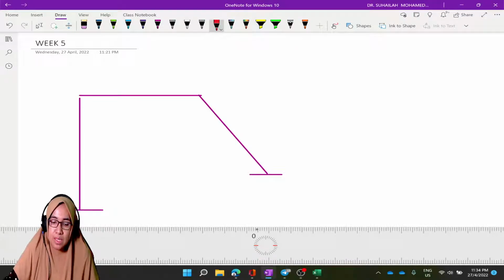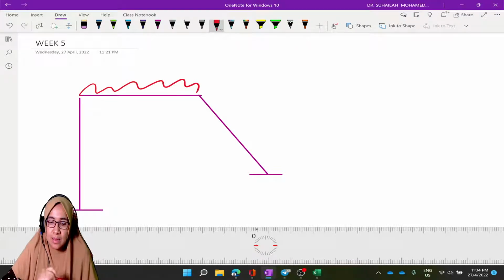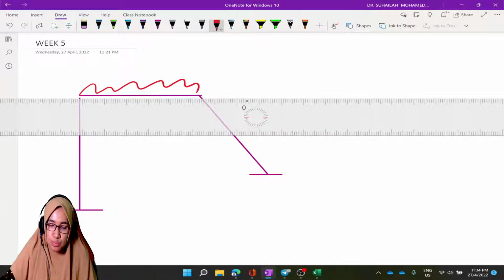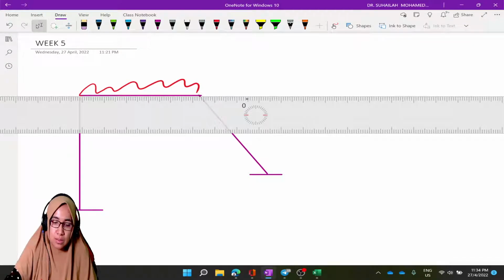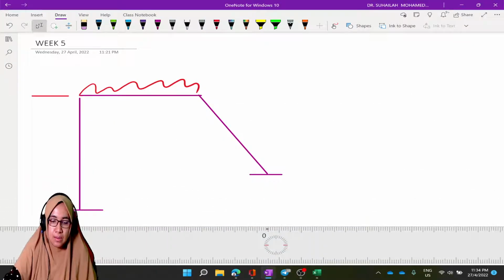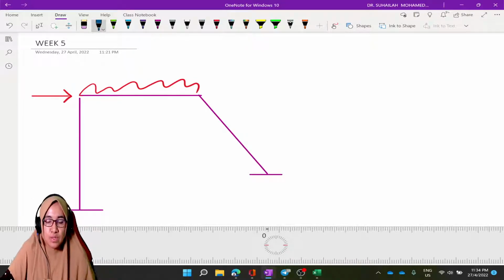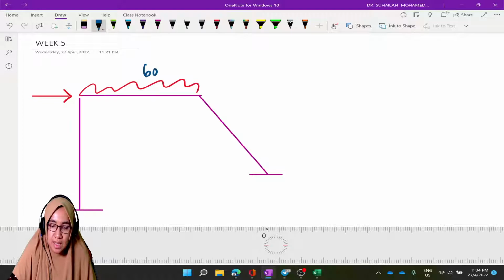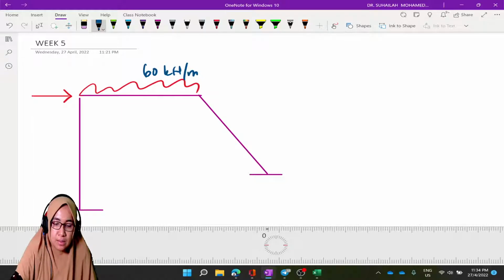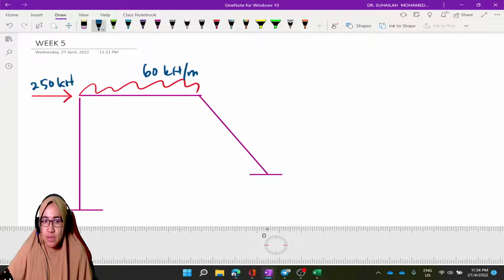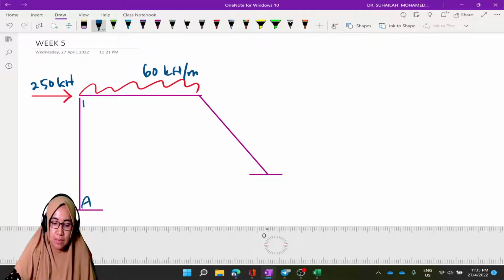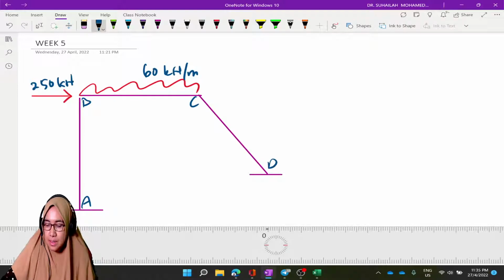This frame is subjected to UDL and subjected to point load in this direction. The forces are 60 kilonewton per meter, and 50 kilonewton. So A, B, C, D.